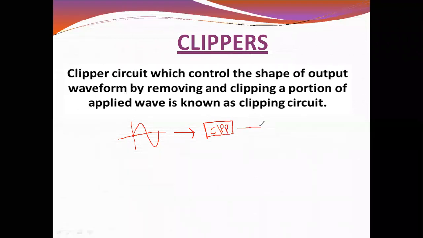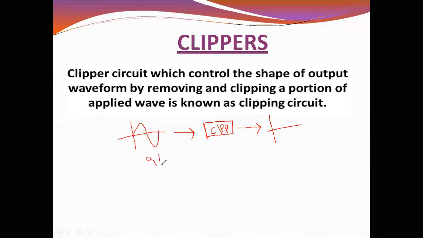Then what is the output, and what is the work of the clipper? The clipper will shape the output waveform. How can it shape the output waveform? By removing or clipping a portion of the input wave.